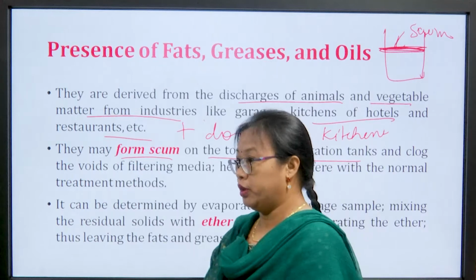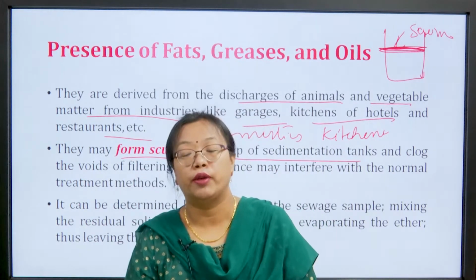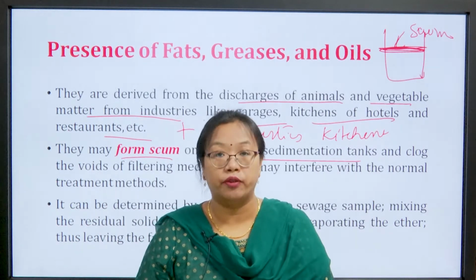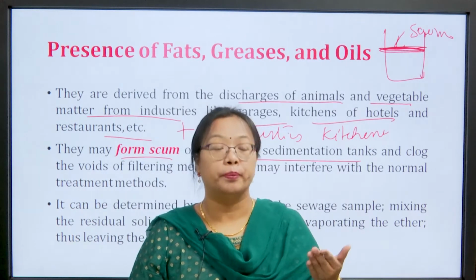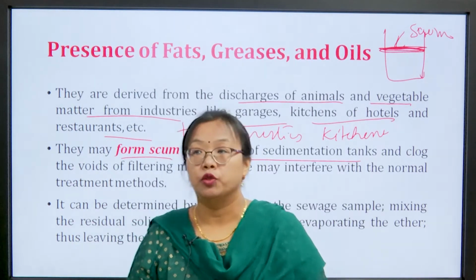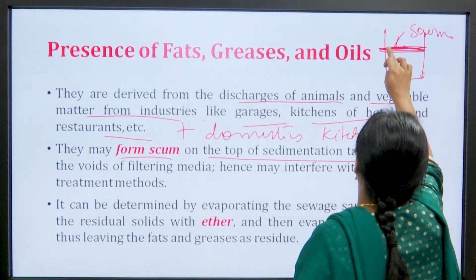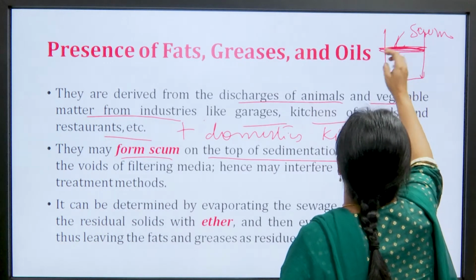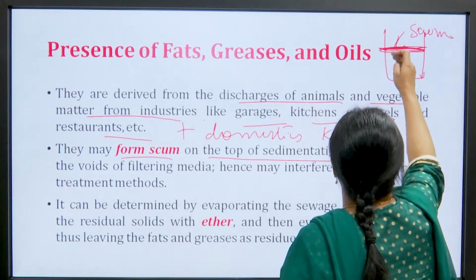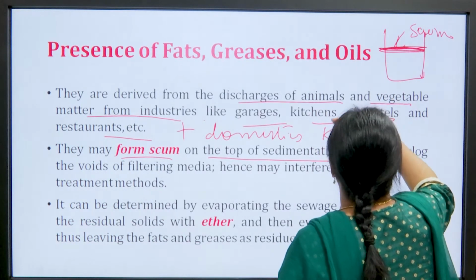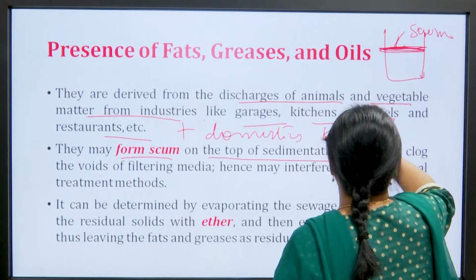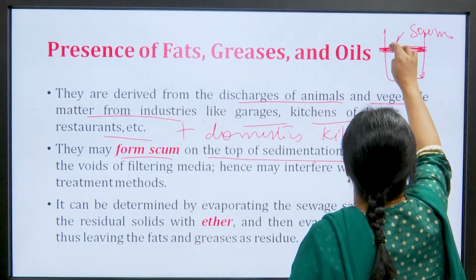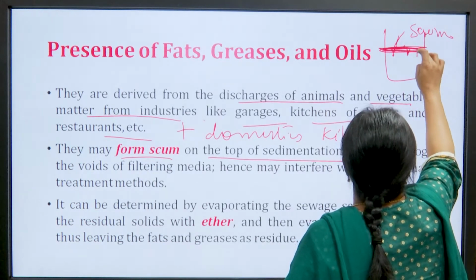So, what are they going to do? Say for example, if I am going to use a trickling filter for wastewater treatment, since this oil and grease are there, they will make themselves available at the top of the wastewater and finally on top of the filtering media, and then they will choke up the filtering media.